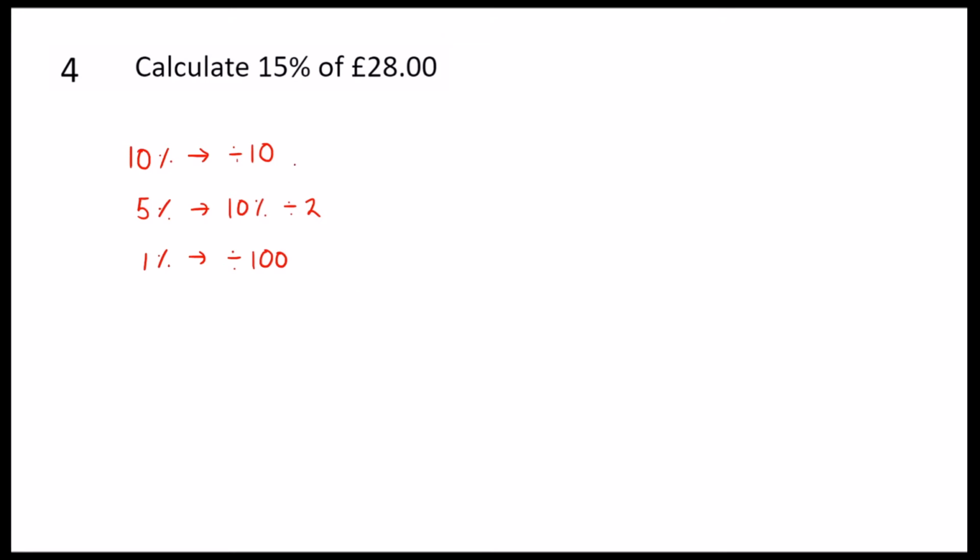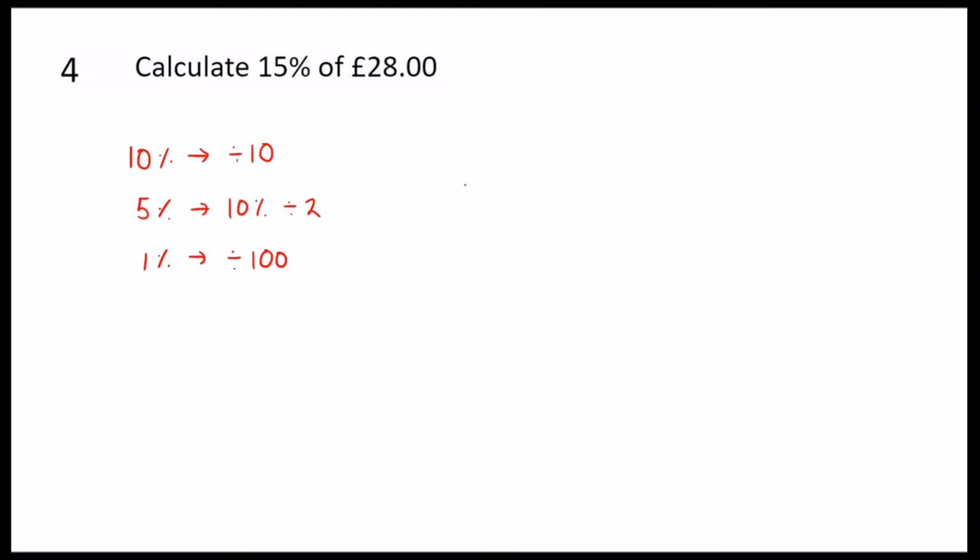Now, I think these first 2 are going to be important for us. This last one is certainly important for you to know, but you won't need it for these sorts of questions at the moment. So our question is asking us to work out 15% of £28.